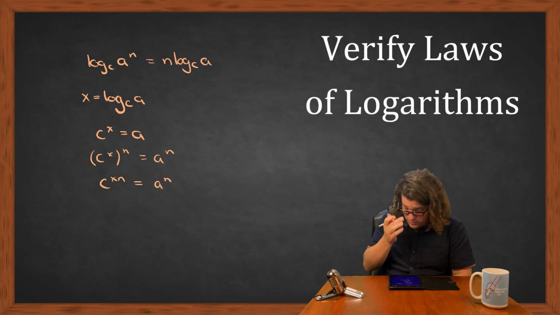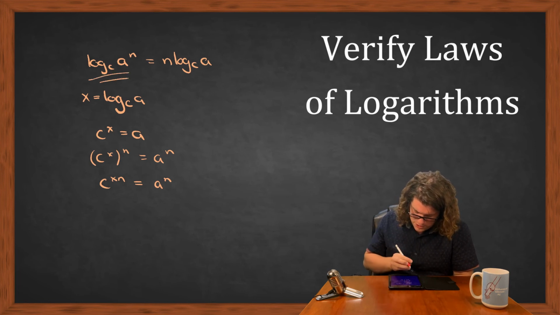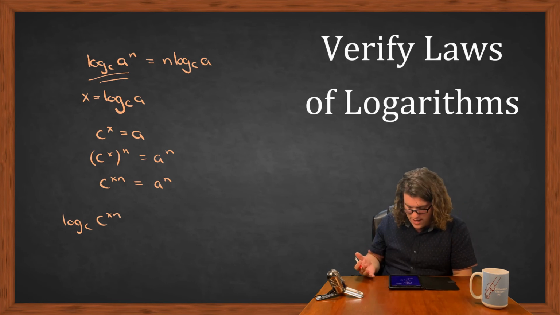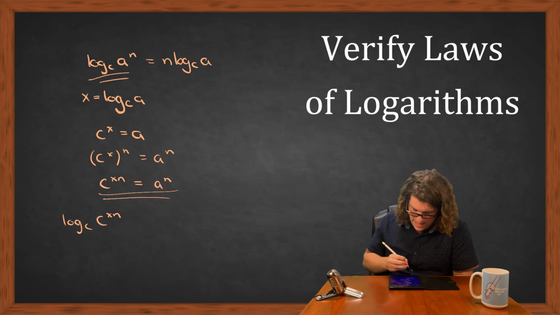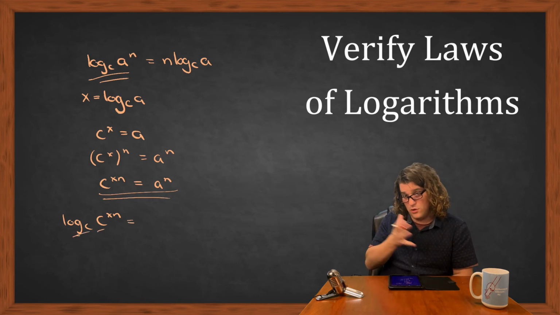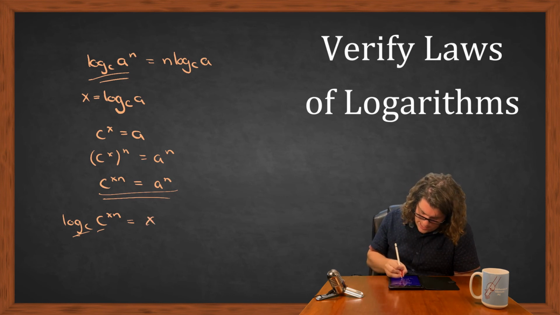Great. So what I'm going to do then is take the left side of my initial equation and say that that is log base c of c to the xn. How do I know that that's true? Well, because it's log base c of a to the n, which I'm now replacing by log base c of c to the xn. The logarithm and the exponential are inverses of each other, so they'll cancel each other out. That gives me just xn, which is the same thing as nx, but x is actually log base c of a.